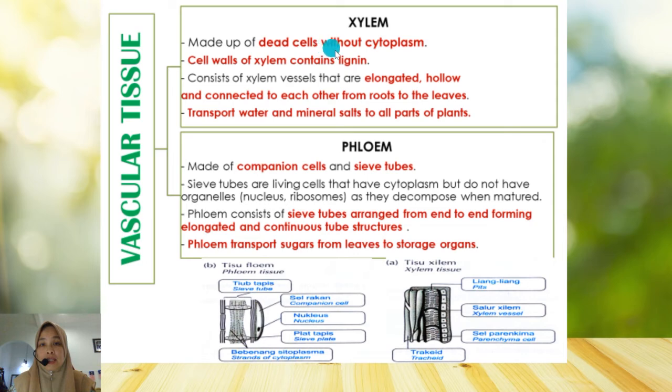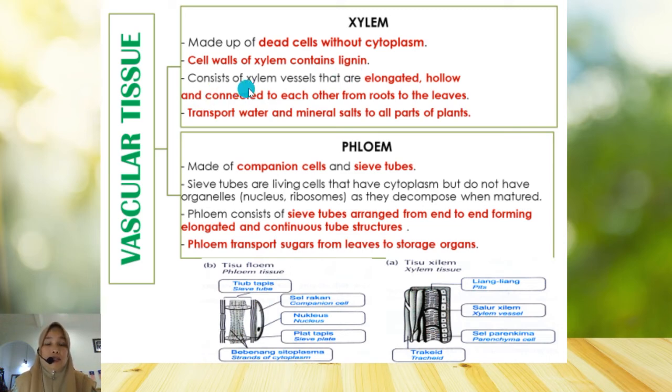Why? Because they do not have cytoplasm in the cell. In other words, dead cells without cytoplasm. The cell walls of xylem contain lignin. What is lignin? Lignin is the substance that causes the cell walls to become rigid, or a little bit hard.